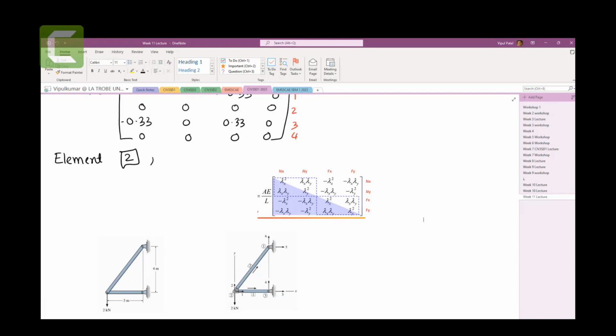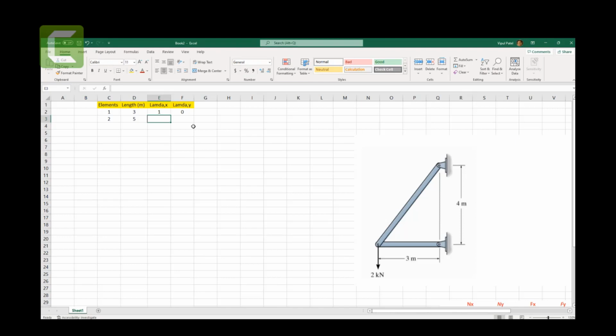Okay, so lambda x, if I remember that one, in our case lambda x was 0.6, and lambda y was 0.8, right? Now for area, we can put a dummy area, let's say in millimeter square, which we can use later on. Let's use 10,000 for both.